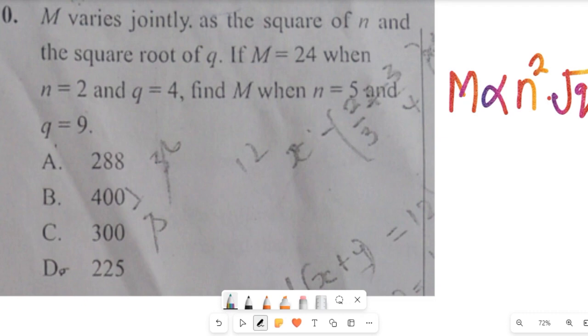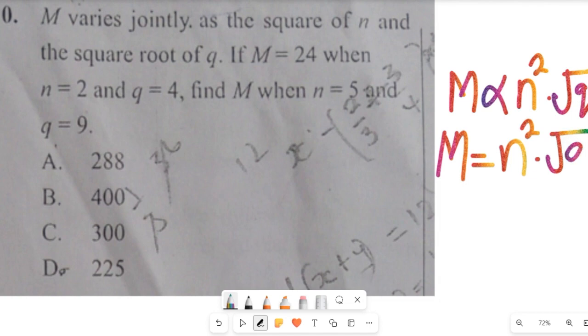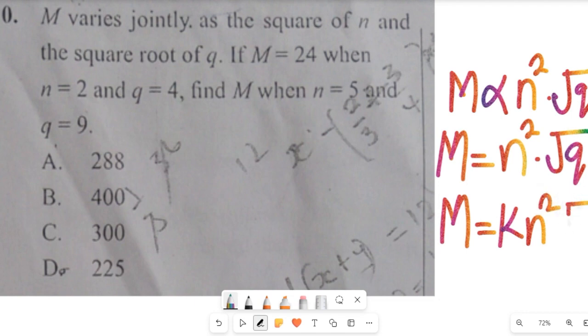Now, if we change the proportionality sign with a constant sign, you'll find out that m will be equal to n squared multiplied by the square root of q and multiplied by k. So that will simply give us m equal to k n squared multiplied by the square root of q.